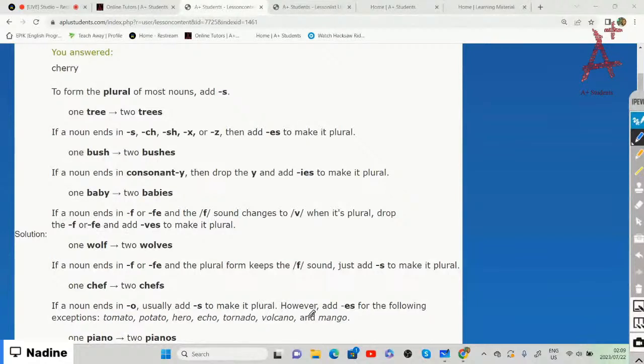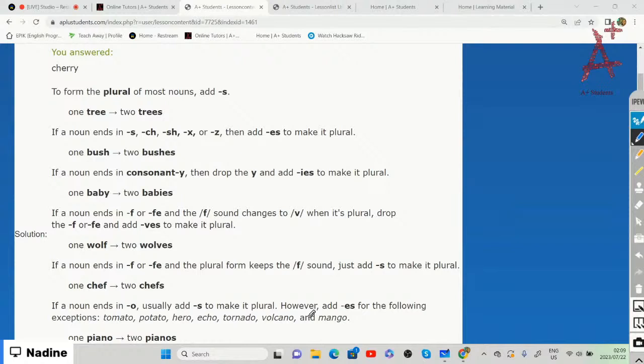If the noun ends in a consonant y, for example, like baby or family, then we drop the y and we add i, e, s, right? So then it goes from one baby to two or more babies.